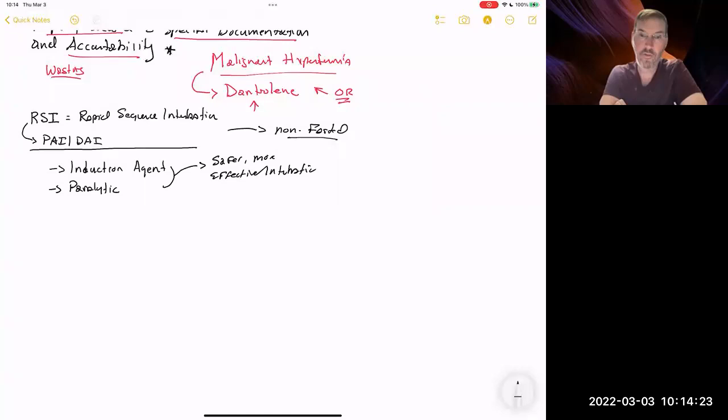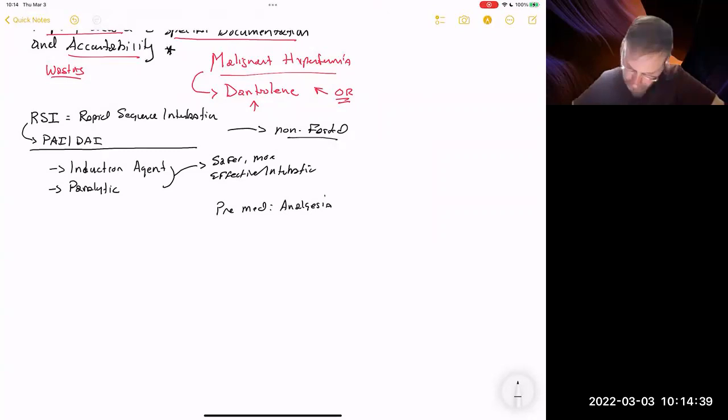Now, surrounding RSI, there may be what we call pre-medication agents. So you may pre-medicate the patient prior to induction. You may give the patient some analgesia, like fentanyl. There are other pre-medication agents as well, but the effectiveness is contentious and debatable, we'll say.